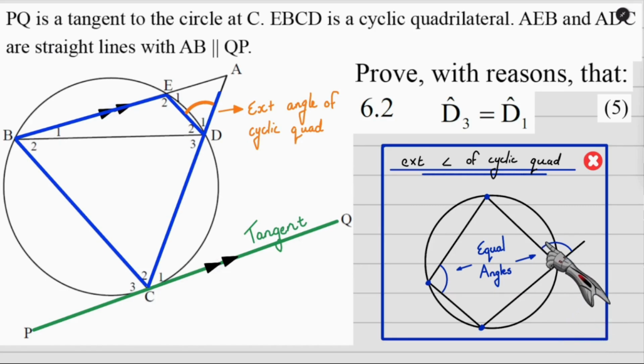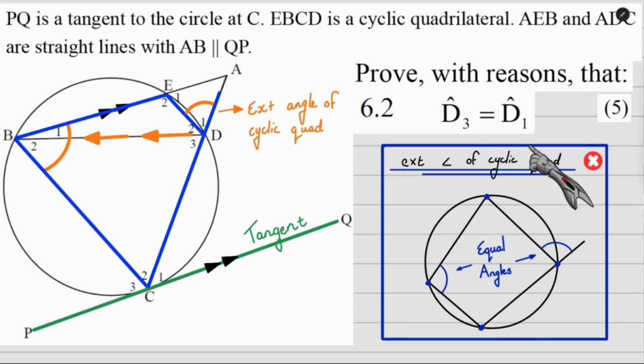The exterior angle of a cyclic quad will be equal to the opposite interior angle of the cyclic quad. So if we apply that here, this exterior angle of the cyclic quad, I follow it across to the opposite interior angle. So it's going to be equal to the whole of B over here.